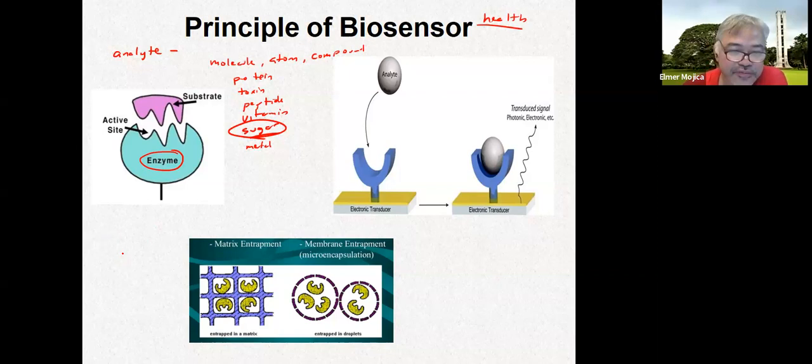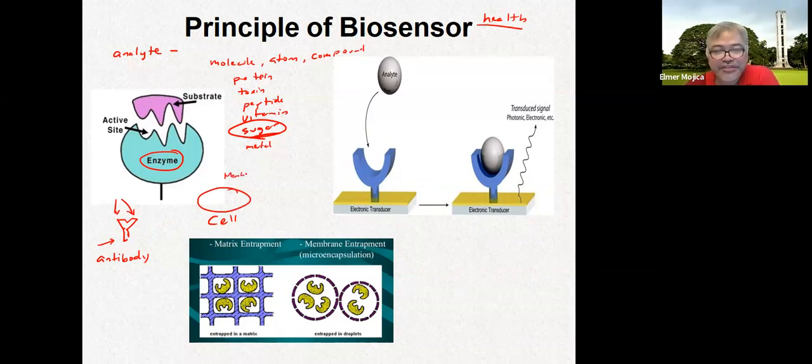So pag antibody, paano yung recognition? Yung ba yung parang Y? Right? Tapos may parang binding sites sila dyan. Now sa cell, paano yung recognition kapag cell yung meron ka? Usually meron kang, is that a membrane receptor? Sorry, ano na yung biology ko eh.